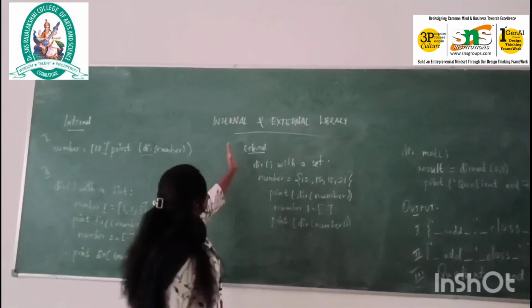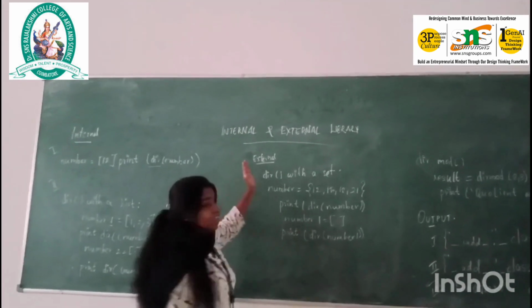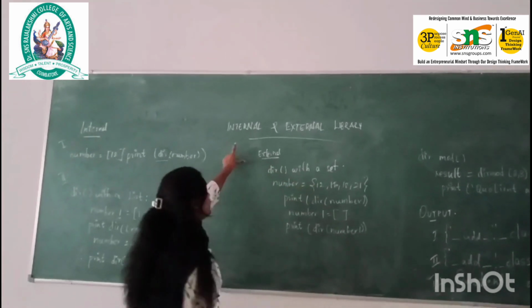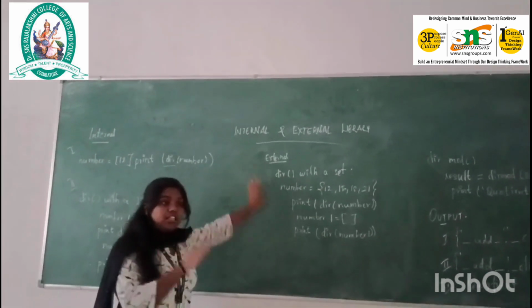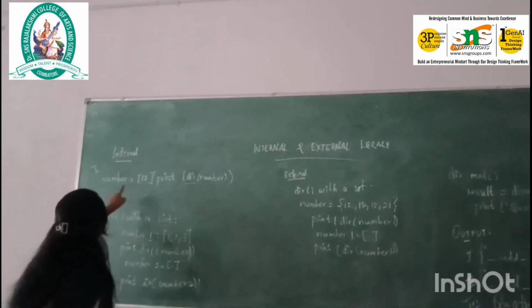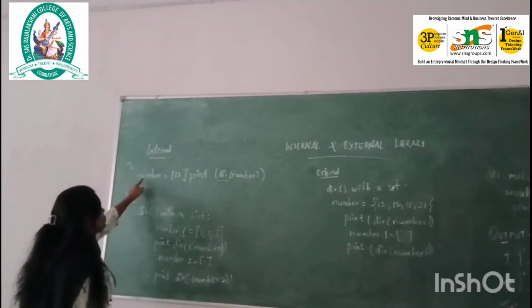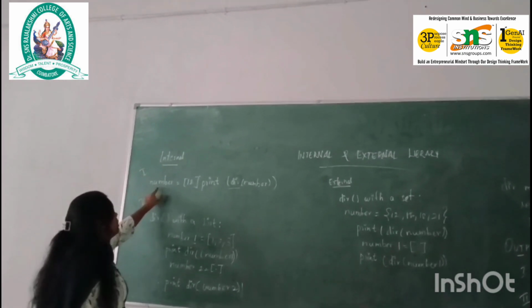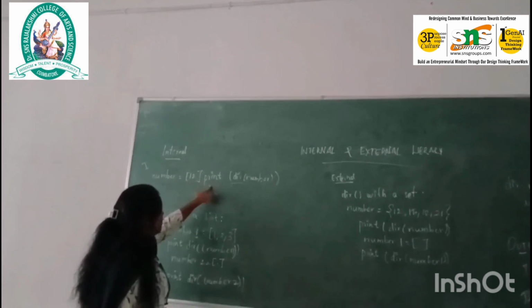And once again we can recall the internal and external libraries, where internal libraries are already pre-installed in Python. In the first program of internal libraries, the number is equal to 12.